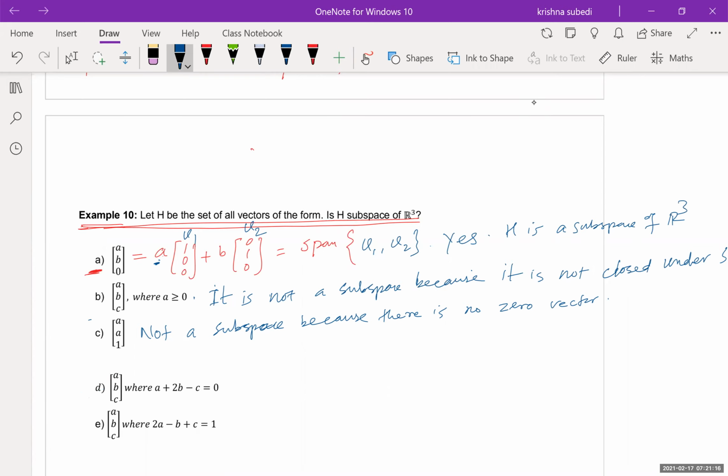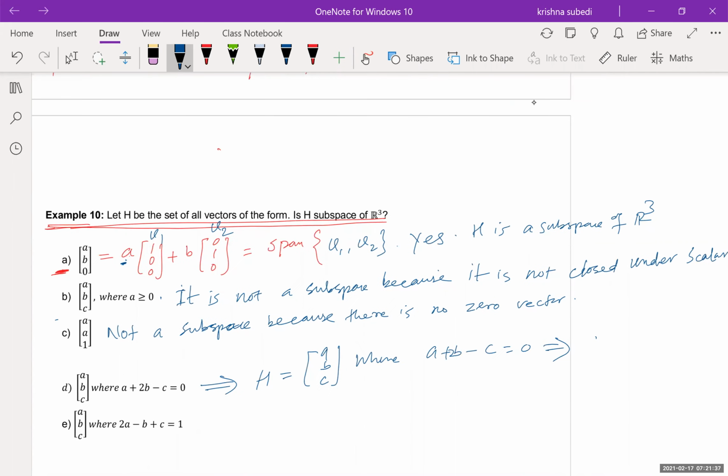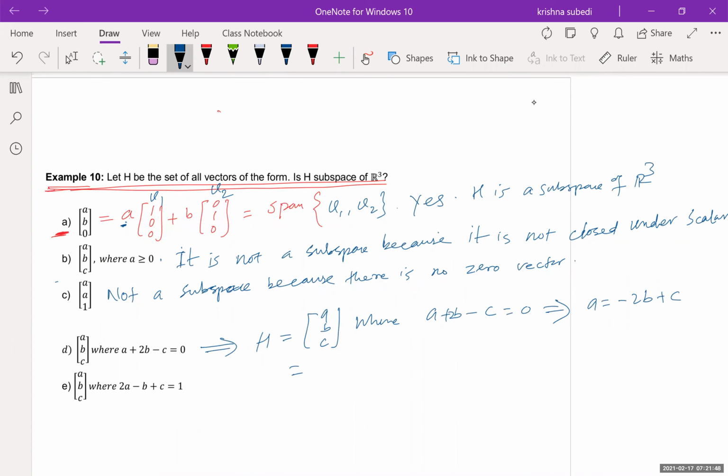So part D, what is given here is that H has all the elements of this type (a, b, c), where a plus b, 2b minus c equal to 0. So can I write this as, let's say, a equals 2b minus 2b plus c?